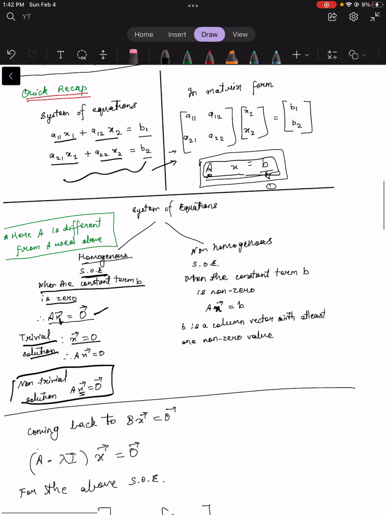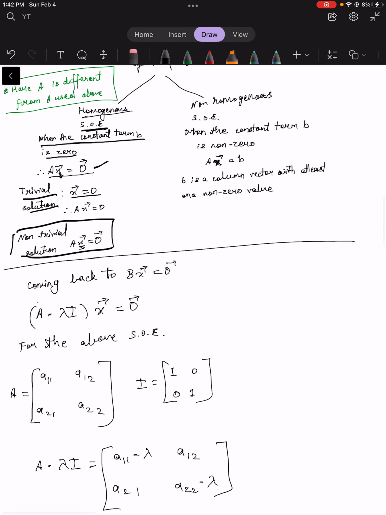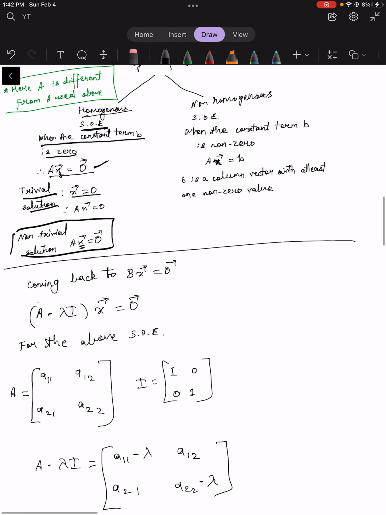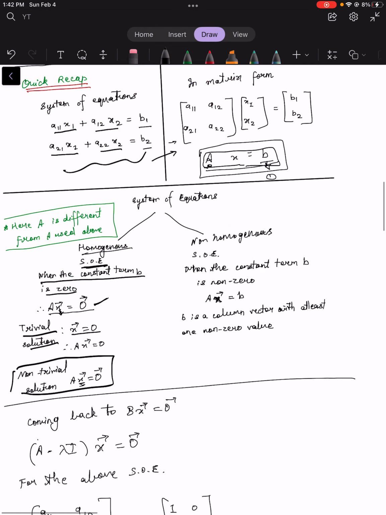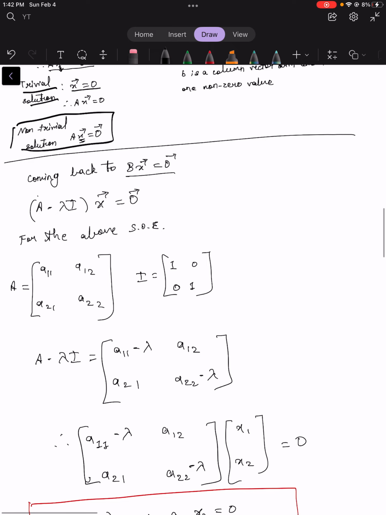So we cannot consider the 0 vector because the 0 vector does not have any length. Okay, now coming back to this equation, Bx = 0. We know that B = A minus lambda I, and Bx = 0.